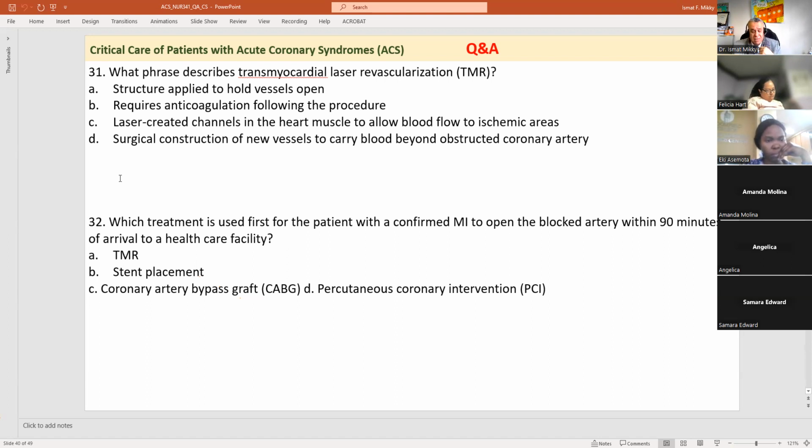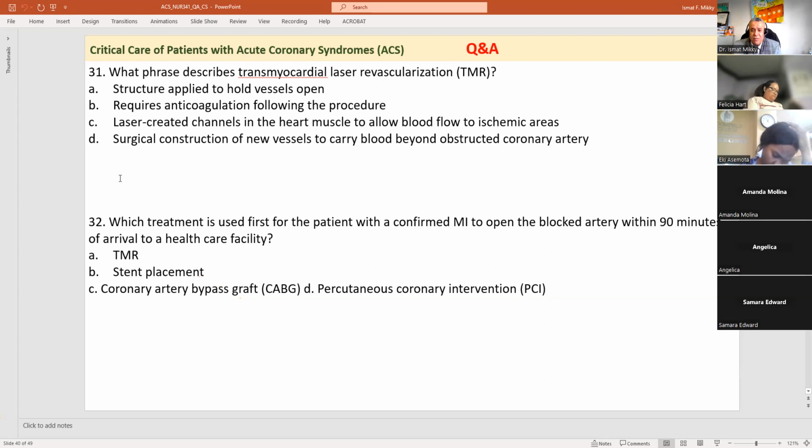That can be done using the left anterior thoracotomy incision. So they have incisions different than CABG, and sometimes they do CABG surgery to do this technique. So a stent is different, and we will go over stents also in adult Health 3. So question number 32, it's CABG. If it doesn't make sense right now, we will cover all these interventions next fall.